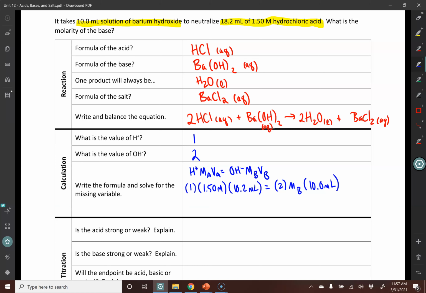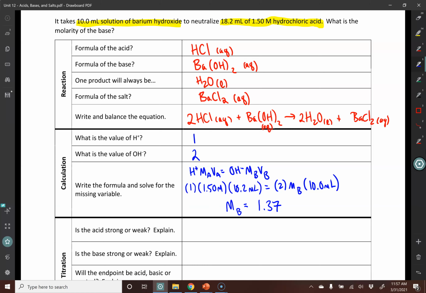All right, so now it should just be plug and chug. I've got 1.5 times 18.2 divided by 2 times 10, so divided by 20. Molarity of the base, what are we coming up with? I think technically we should have 3 sig figs. We'll give you some leeway with that this unit. 1.37 molar. One thing I see a lot of is people don't put a unit at the end.